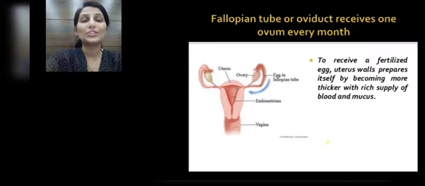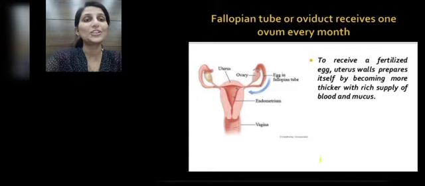In order to prepare itself, the walls of the uterus become thickened with blood vessels and mucus. The thickening helps in the embedding of the fertilized egg into the uterus so that it can develop into a baby or a fetus.